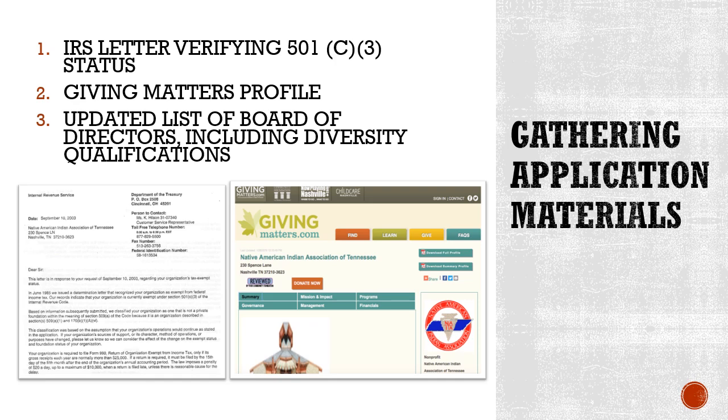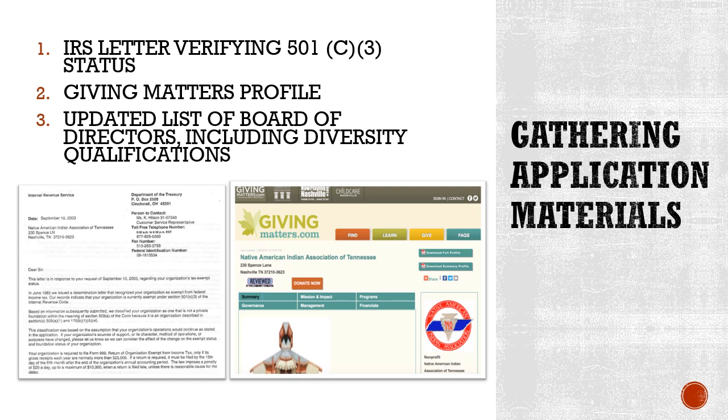And so in order to create a Giving Matters profile for your nonprofit organization, you just go online, create a profile, and then you provide a summary of what your organization does, what your mission statement is, the programs that you put on, and governance, how you actually are governed, so the people that sit on your board, and then who manages the organization day to day, the employees within the office, and then of course financial information such as where your revenues are coming from, what is your yearly budget, what expenses do you have for certain programs, things of that nature.